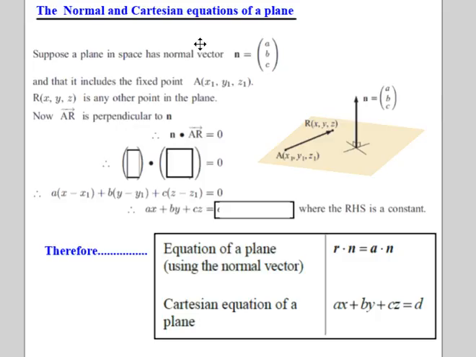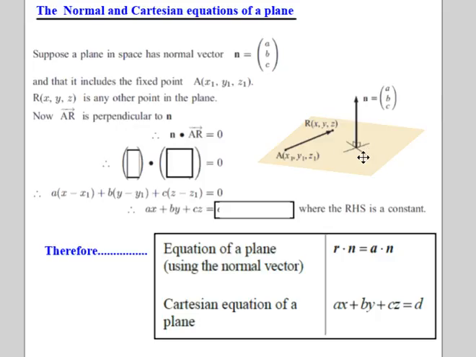So we're given a normal vector (a, b, c) perpendicular to the plane, and what we also need is a fixed point on the plane in order to uniquely determine the plane. Think about it.